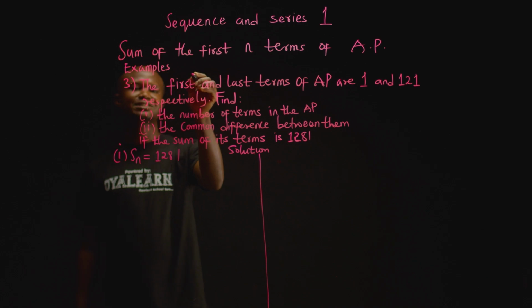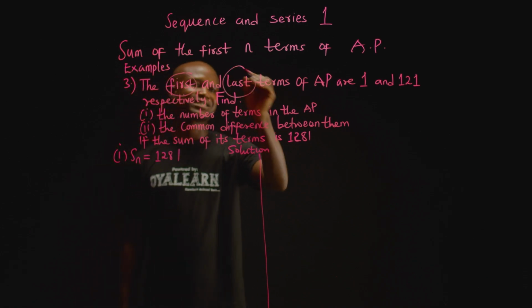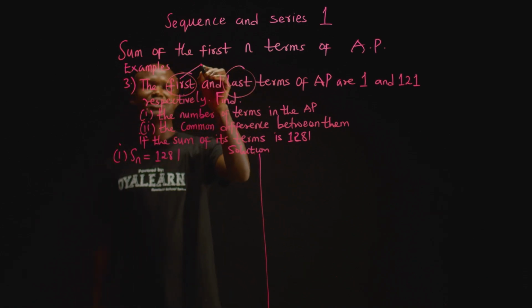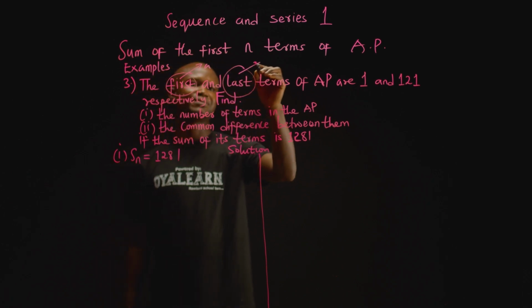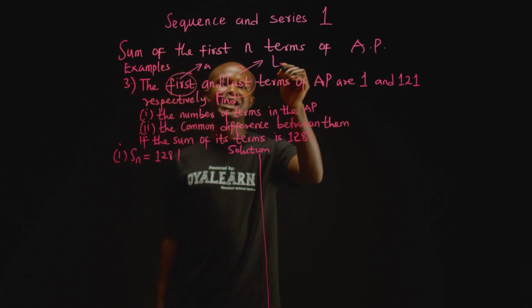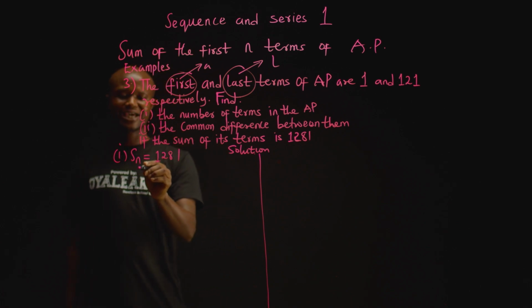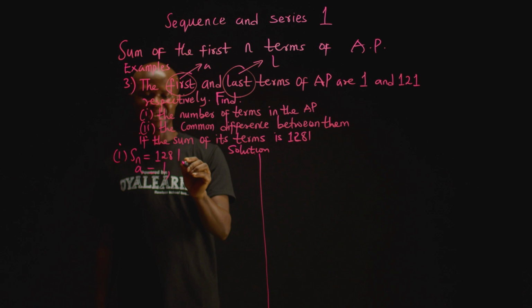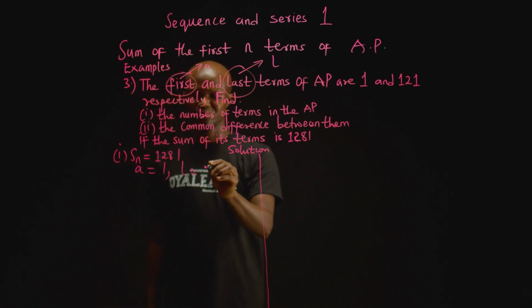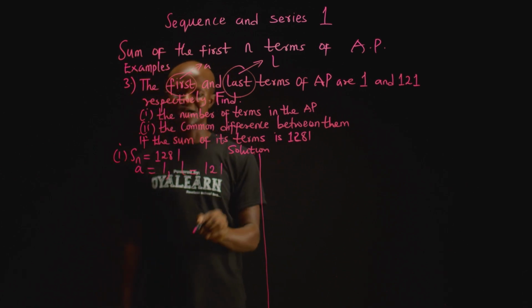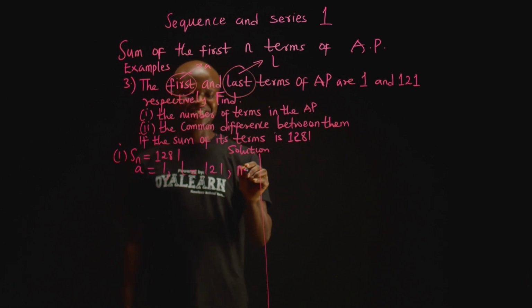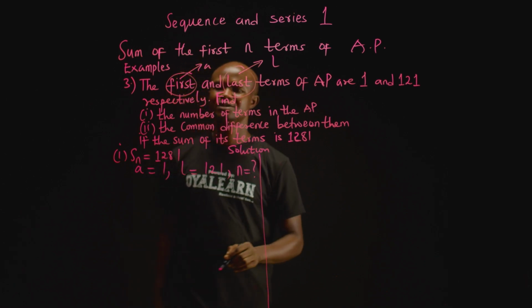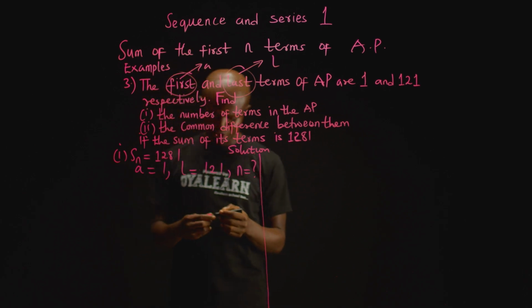Also the first and the last terms. The first term is A, the last term is L. So A equals 1 and L equals 121. Now we want to find n.